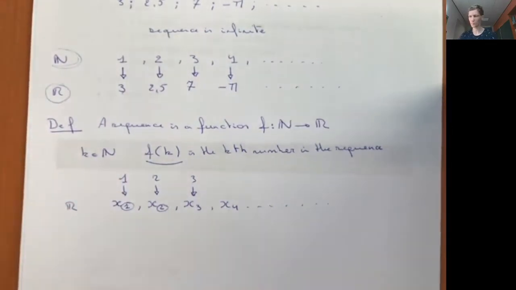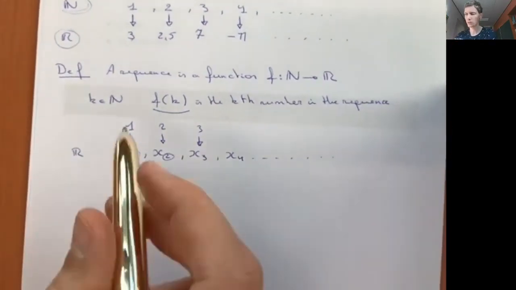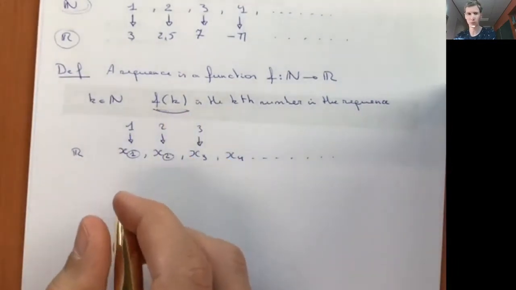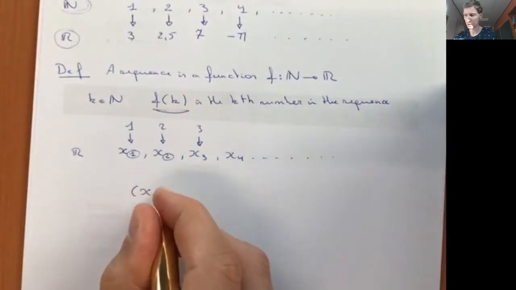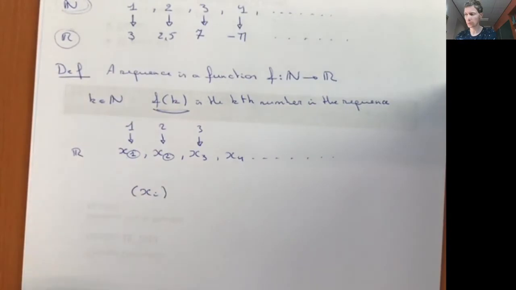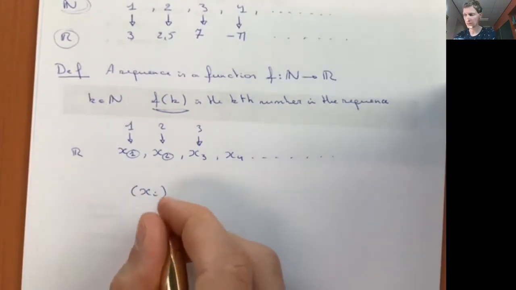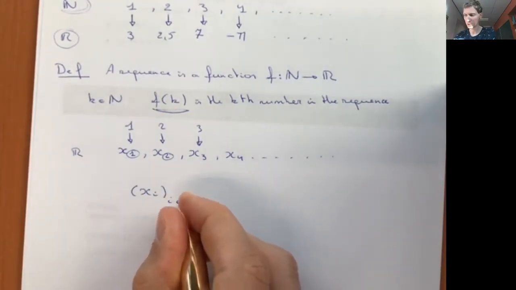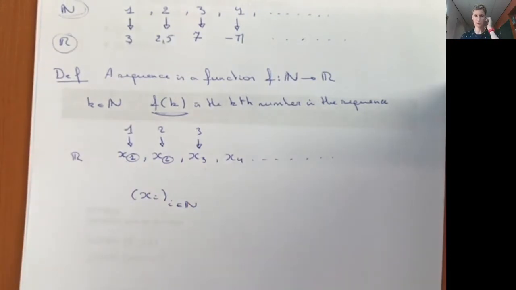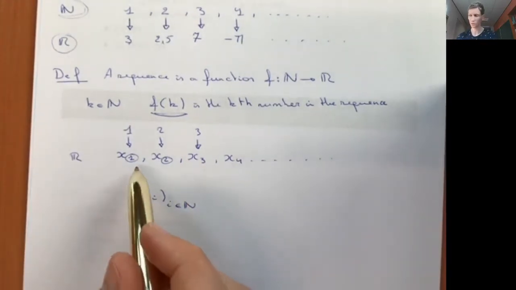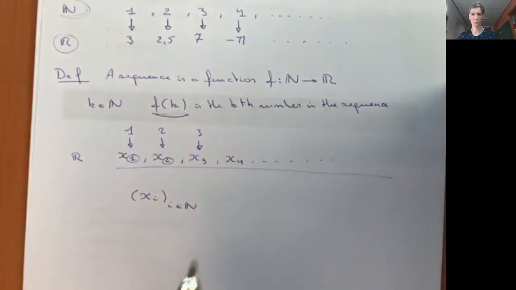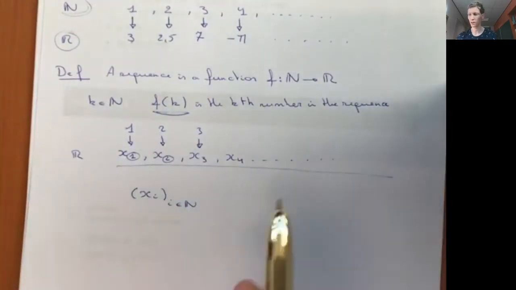So that's what we're going to do, and instead of using f to denote the sequence, we're going to denote the sequence by x_i, put between brackets, and then we say that i ranges over all natural numbers. This is an abbreviation of this very long thing that in practice you cannot write down, but we write it like this.